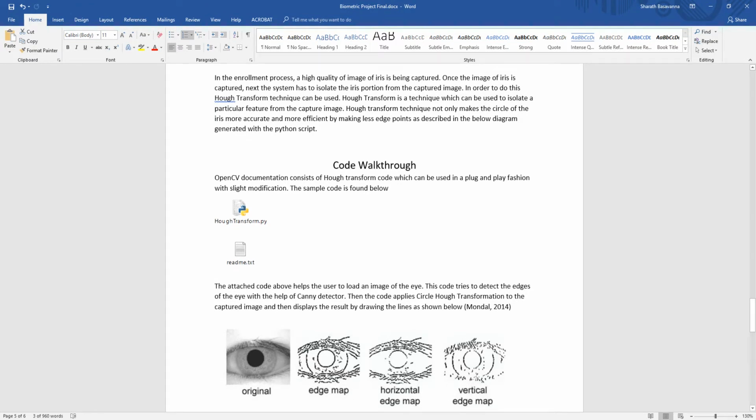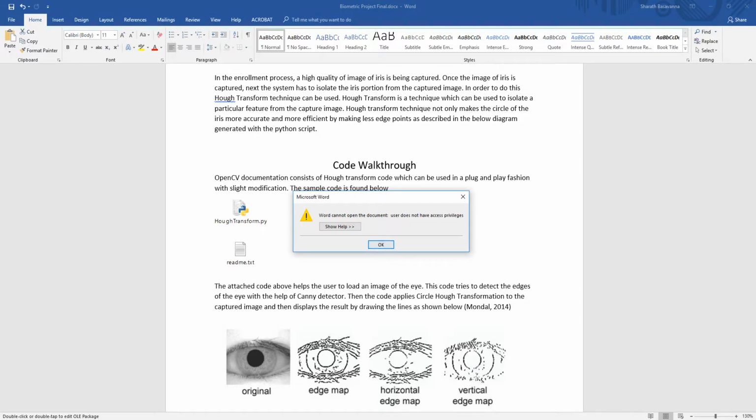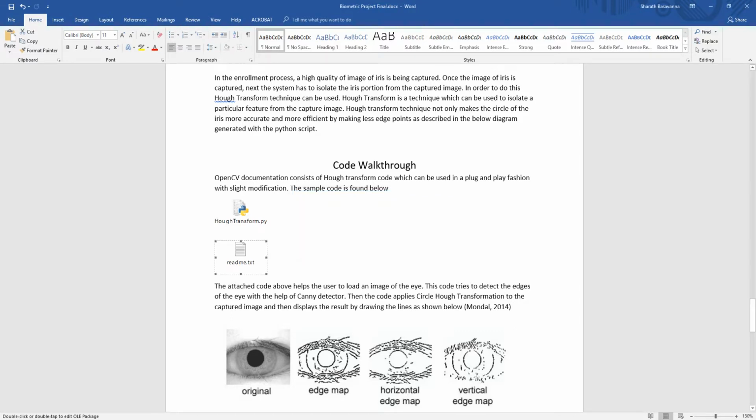But basically, let's open the readme.txt. Okay, it doesn't matter.